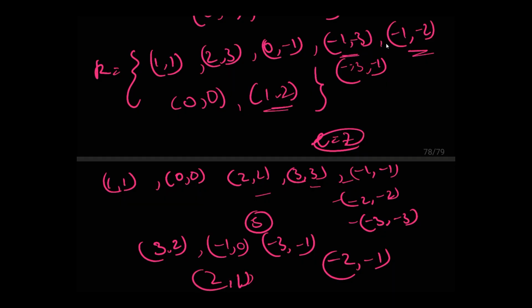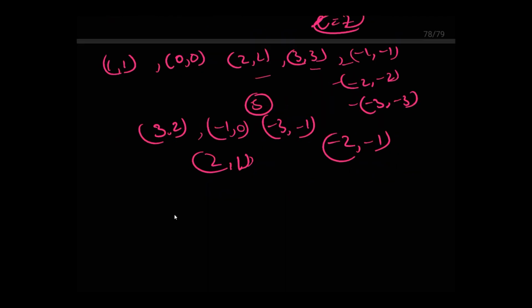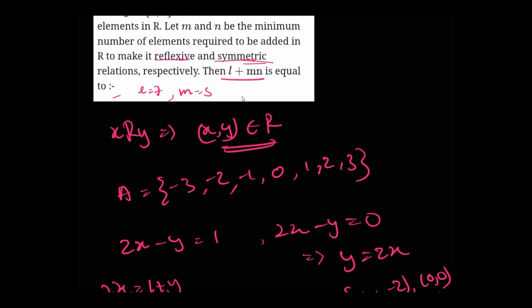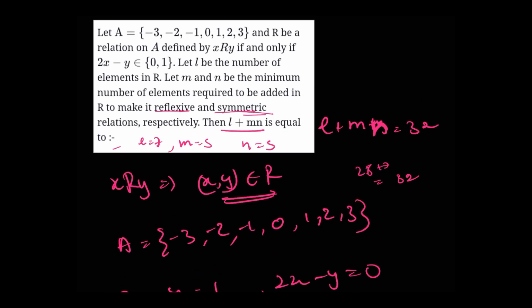That means we need 1, 2, 3, 4, 5, 5 in total. Therefore, N also will be 5. Therefore, L + M × N equals 7 + 25, which is 32. The answer is 32.